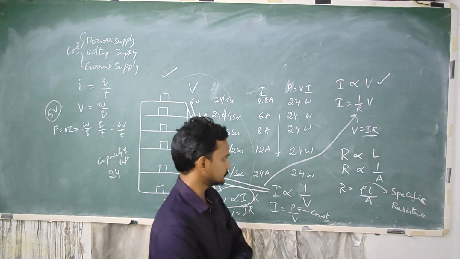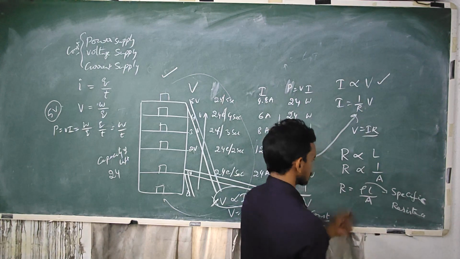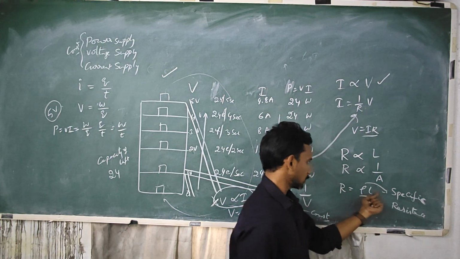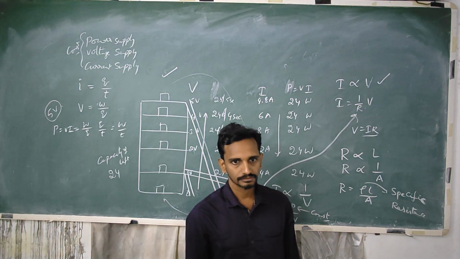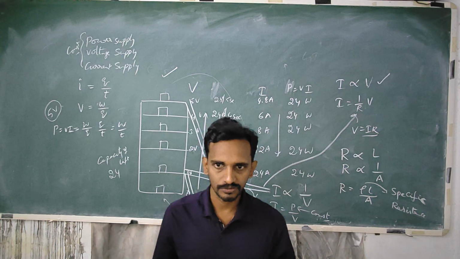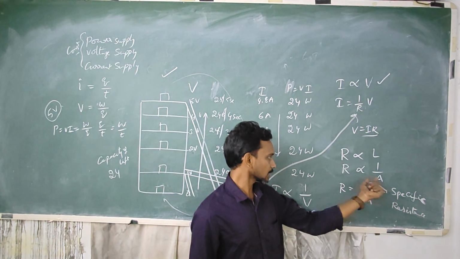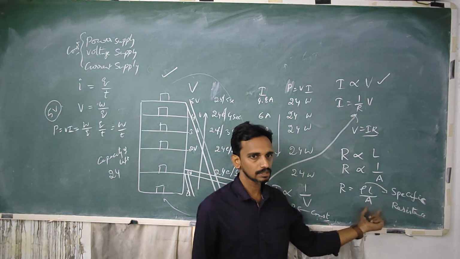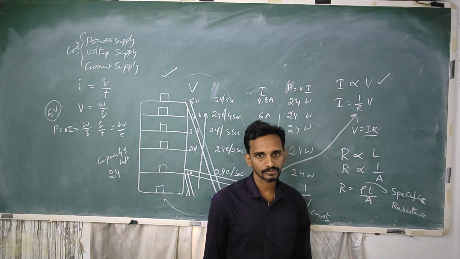Specific resistance is the resistance of the material with unit length and unit area of cross section. That's just a standard definition. To get that value, take a 1 centimeter wire of 1 square centimeter area.